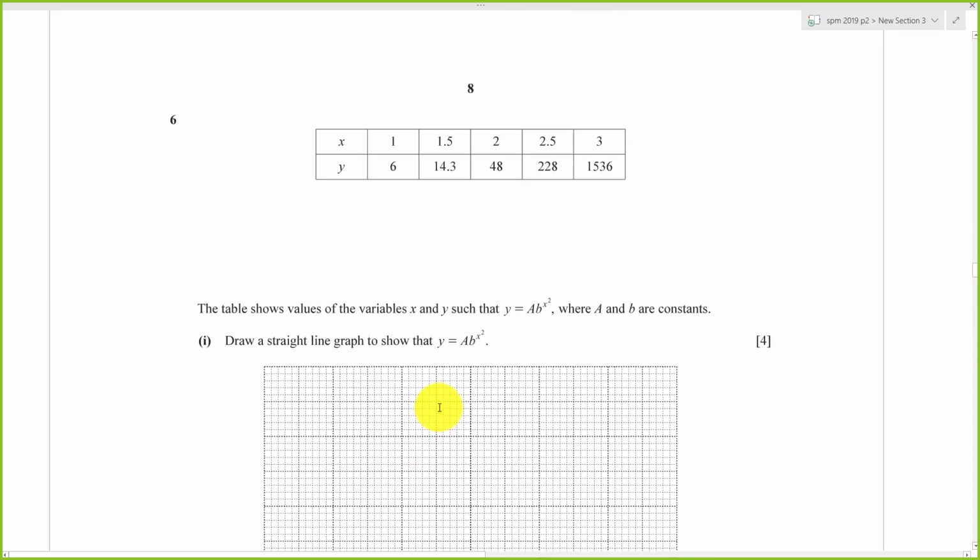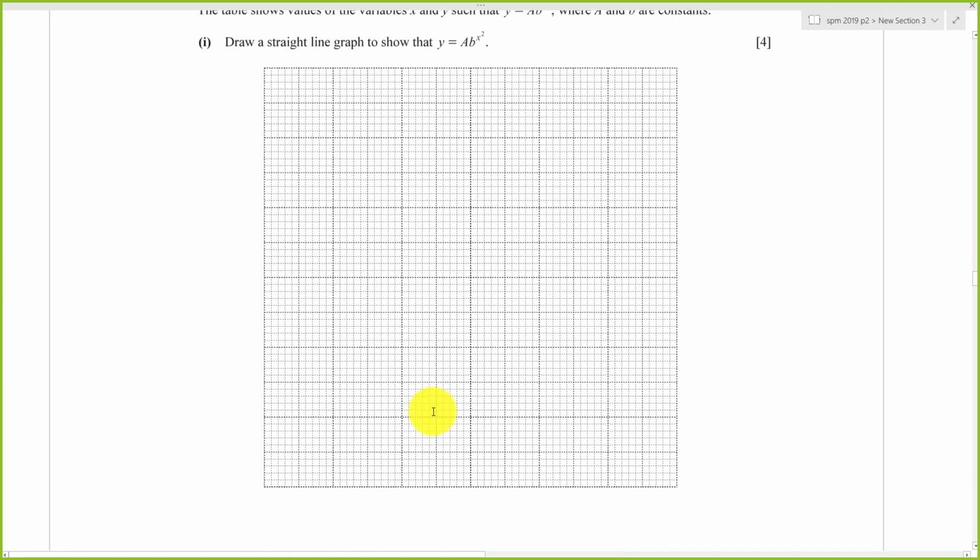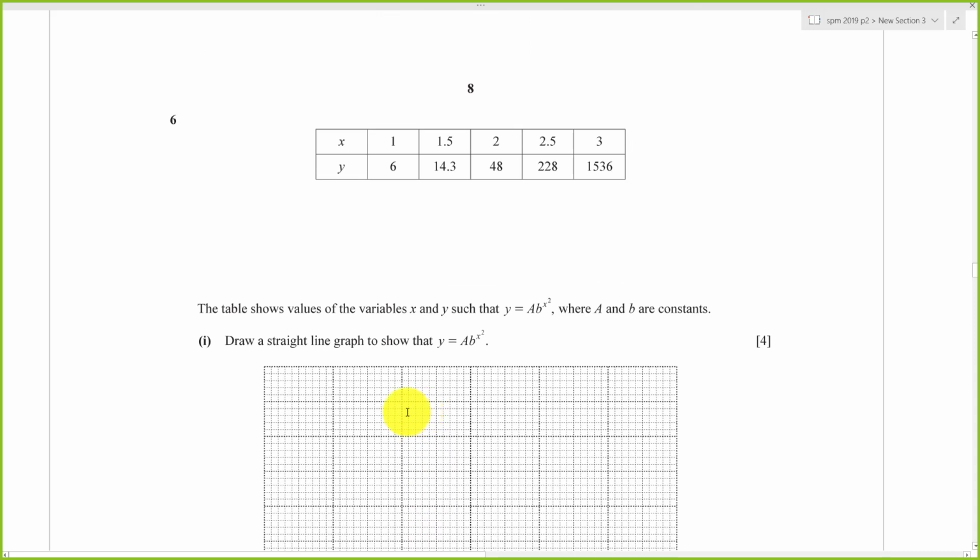Okay, number 6 here is a linear law. The good thing is we quite some time never did linear law. Let's do it. So they give you a table, and the table shows the variables x and y such that y equals ab to the power x squared, where a, b are constants.